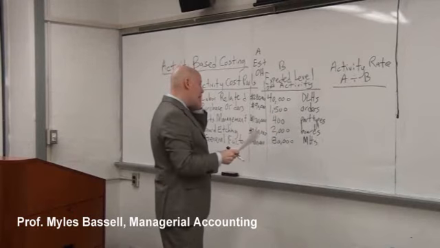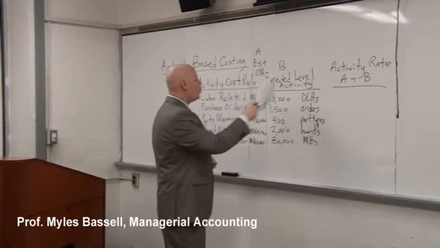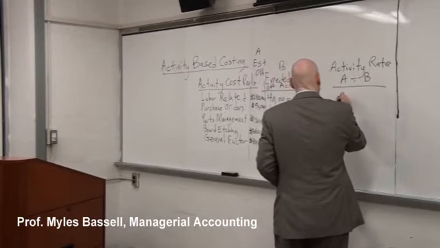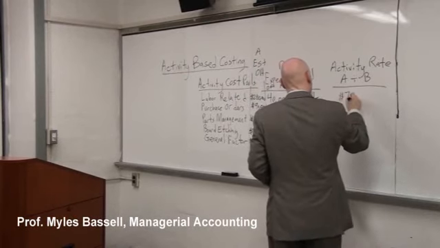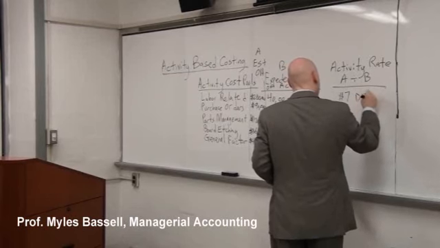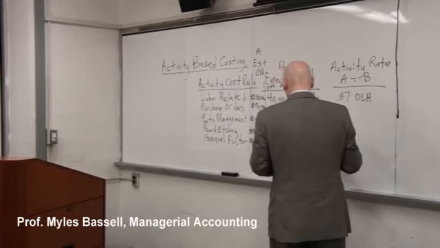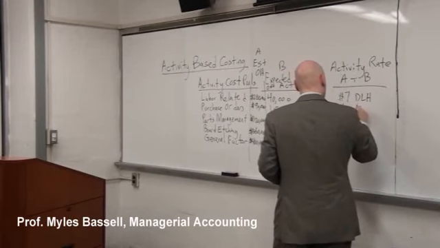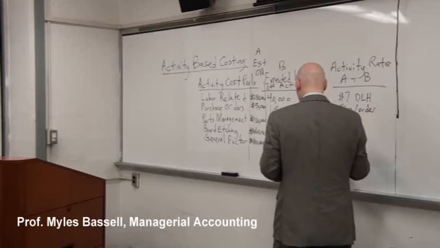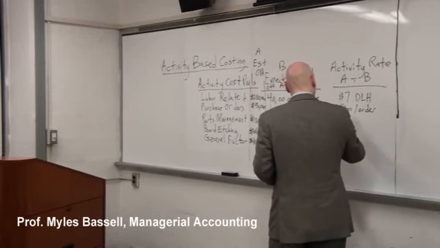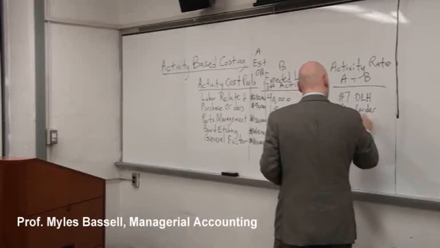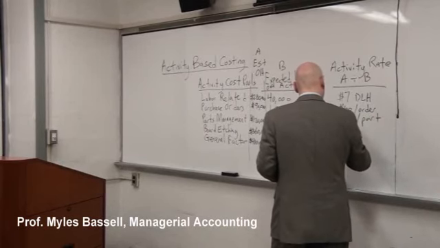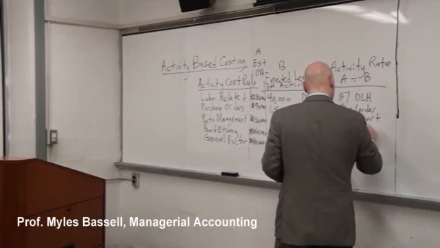So the activity rate, the cost per direct labor hour at this organization is $7. Per purchase order is $60. $300 per part. $180 per board.